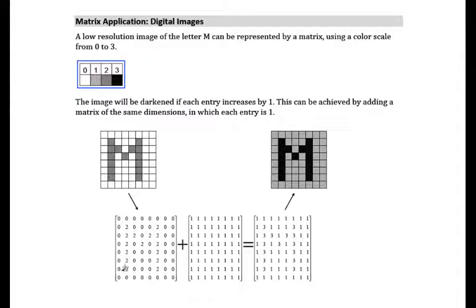And we can see that the M that we have in our first image shows up in the matrix as an M composed of 2's, which is dark gray, on a background of 0's because 0 is white. So this is the matrix encoding of this same image. We can also see that this matrix of all 1's gets added to our image matrix, creating a matrix that also has an M shape.